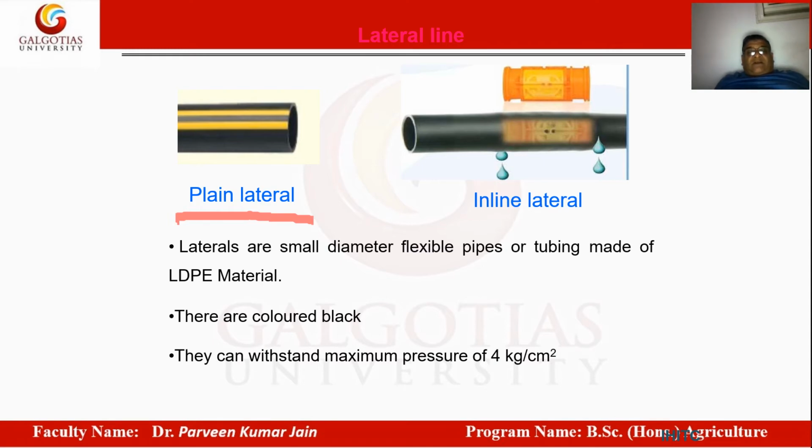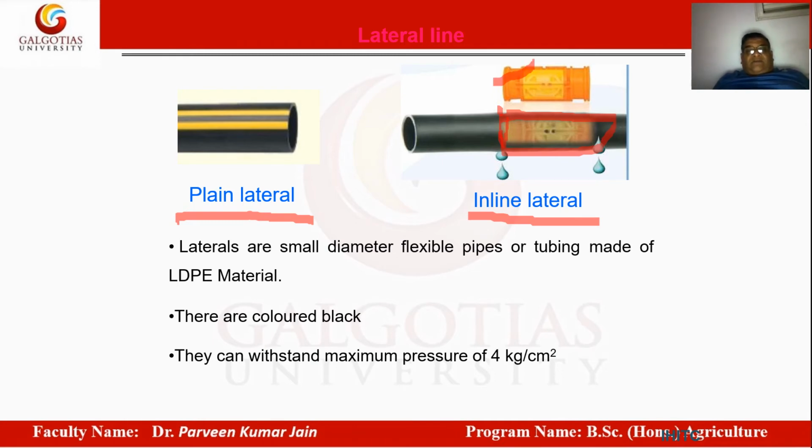But another type of drip line is the inline drip line or inline lateral, in which the dripper is fixed inside. It is present inside the drip line, and it is not outside. They may be flat, or they may be like this one.